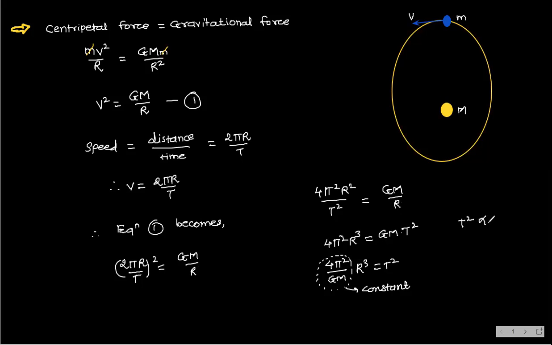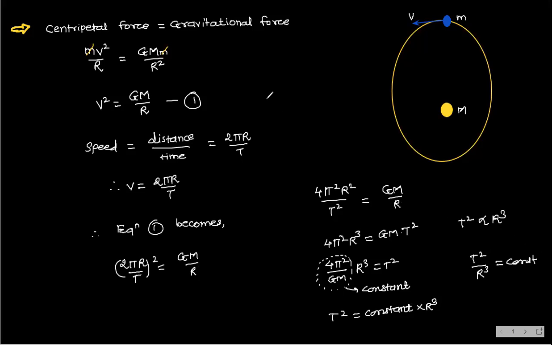T square is directly proportional to r cube, isn't it? Or else you can write like this also: T square is equal to constant into r cube, and therefore T square is directly proportional to r cube, or even you can write T square by r cube is always equal to constant.